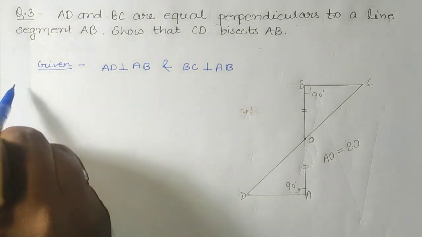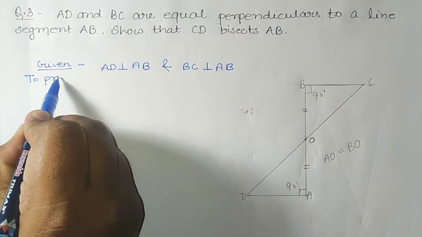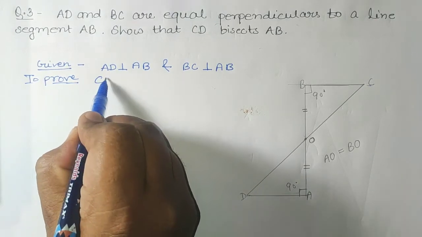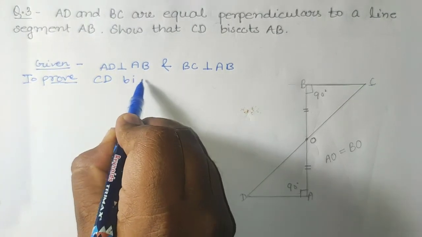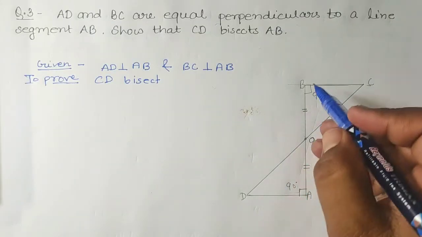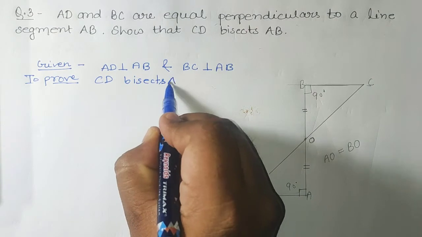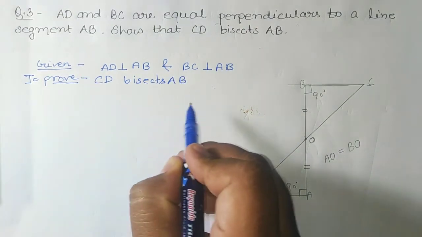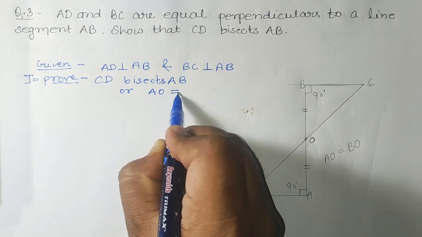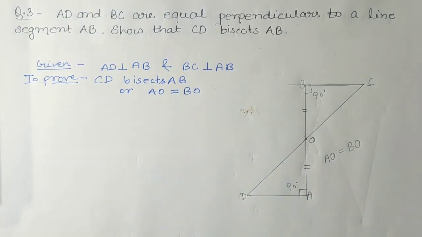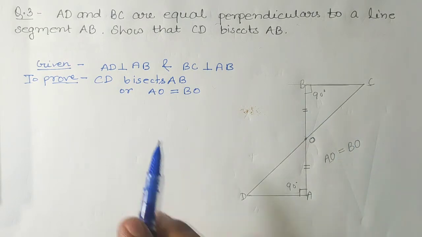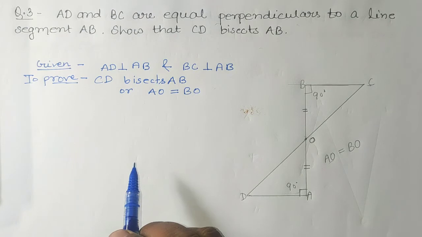What is to prove here, students? We have to show that CD bisects AB, or in other words we can write AO is equal to BO. If we show AO is equal to BO, then it will also be proved that CD bisects AB.